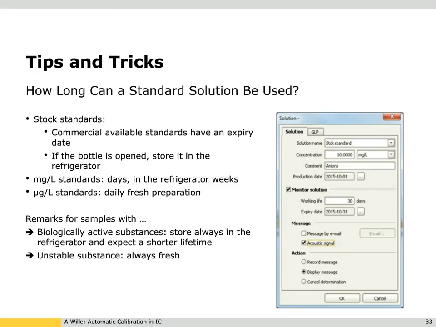In the refrigerator, you can use it also for weeks. Microgram per liter standards, that I would prepare daily fresh. Also, I would remark that biologically active substances or unstable substances, here you have to expect a shorter lifetime, and they should be stored always in the refrigerator and prepared fresh.